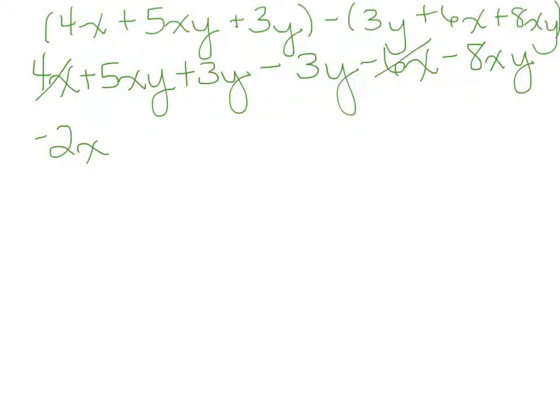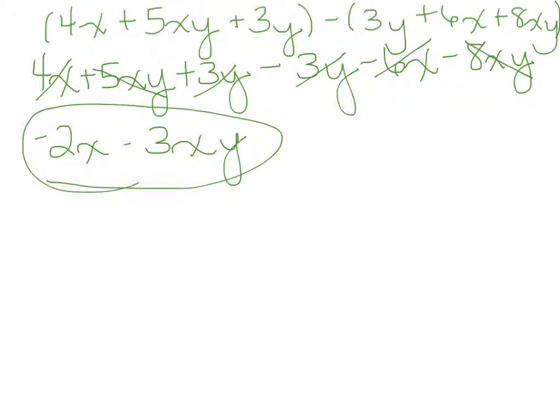So 5 minus 8 is going to give us a negative 3xy. Cross them off. And finally, we have a positive 3y minus 3y. So 3y minus 3y is going to give us 0, and we will not bother putting that in our answer. We will just cross them off. So this then becomes our answer.